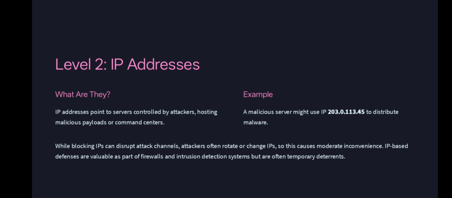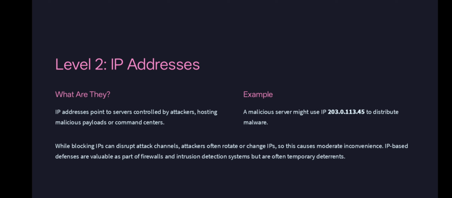What is an IP address? An Internet Protocol (IP) address is a unique identifier assigned to each device connected to a network that uses the Internet Protocol for communication. It functions much like a home address, allowing data to be routed to and from the correct destinations. There are two main types of IP addresses.